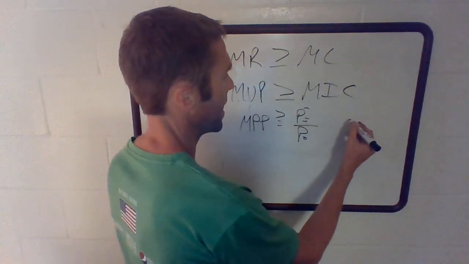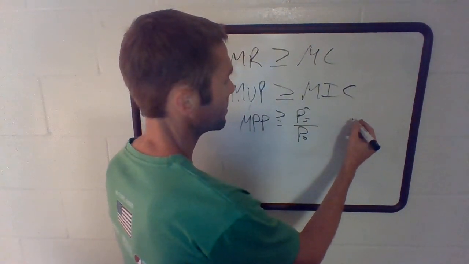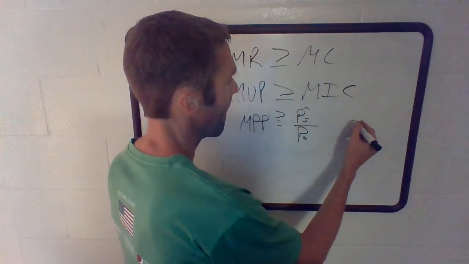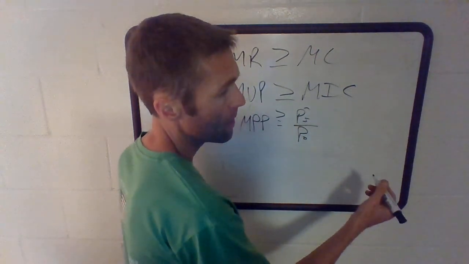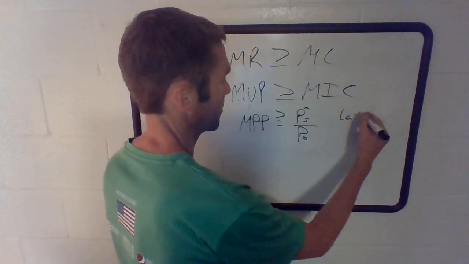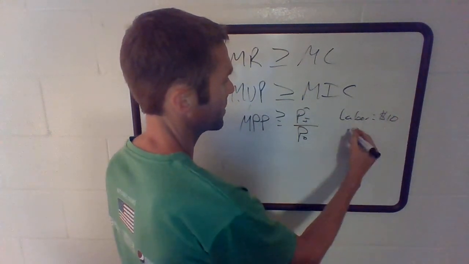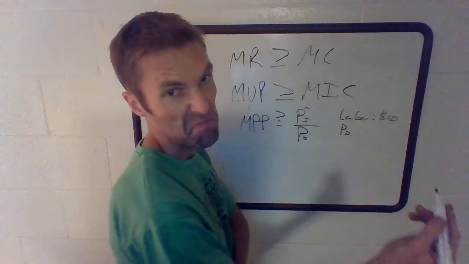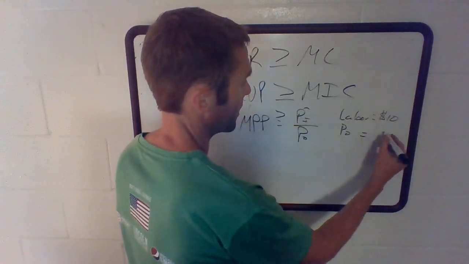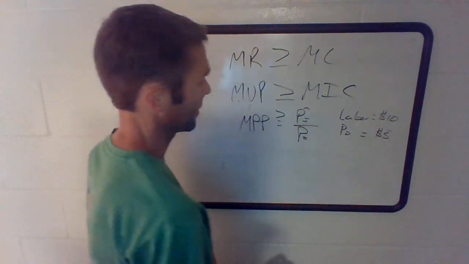So let's say that the input is labor, and the price of labor is $10, and the price of the output, sandwiches, we'll say that that's $5.